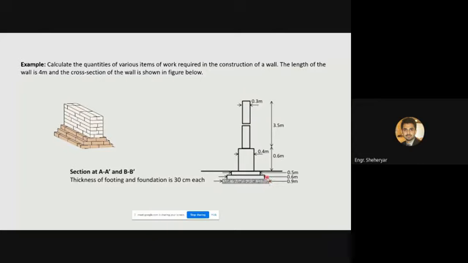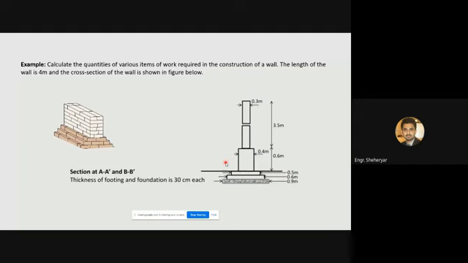So this vertical dimension is 30 centimeter, and this horizontal dimension is 0.9 meters. Similarly, the next step of the foundation is 0.6 meter wide and 30 centimeter in height, and the second step of the foundation is 0.5 meters wide and 30 centimeter height or thickness.